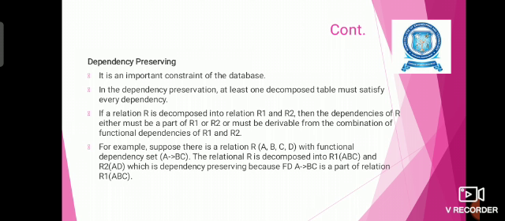So the original dependency is preserved in one of the decomposed relations, R1. So this is called dependency preserving. When we are doing the decomposition, the dependency should be preserved, that should be considered.